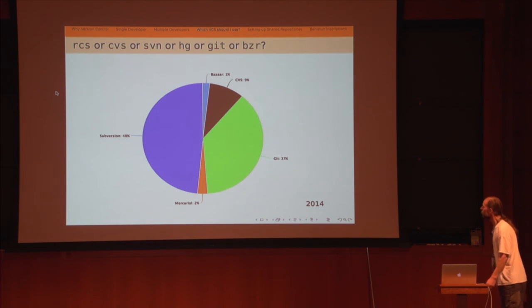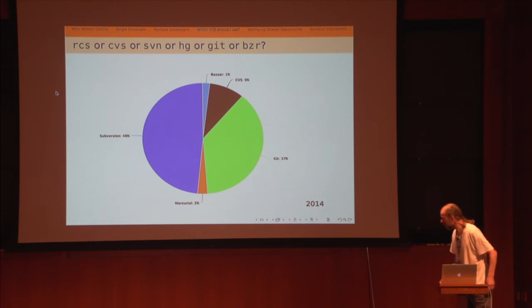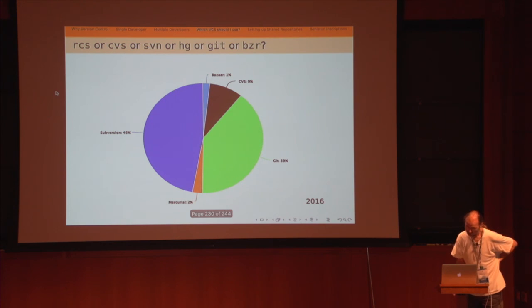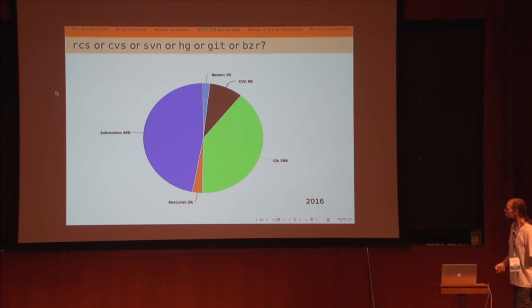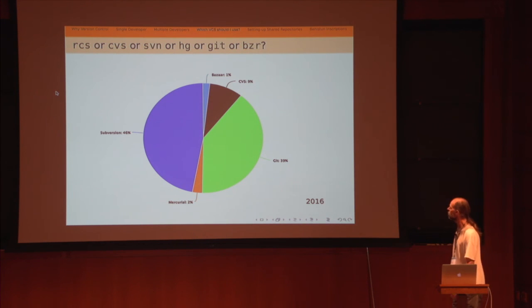So here's the 2014 graph, and this is, I think, for all the open source software products they could find, going out and looking at all the servers for them. Subversion was at 48%, Mercurial was at 2%, Bazaar was at 1%, CVS was still at 9%, and Git was up to 37%. I just updated that today. The changes I thought were remarkably small. People are very conservative.